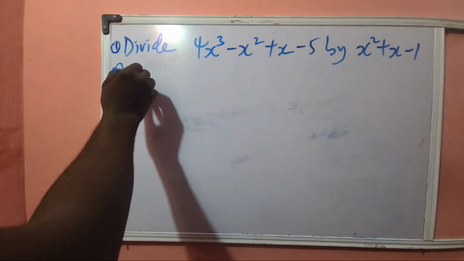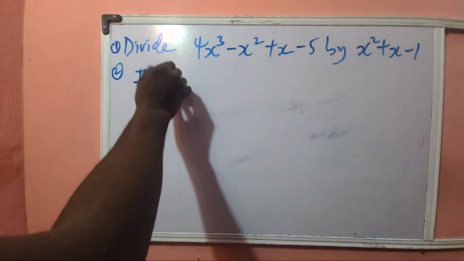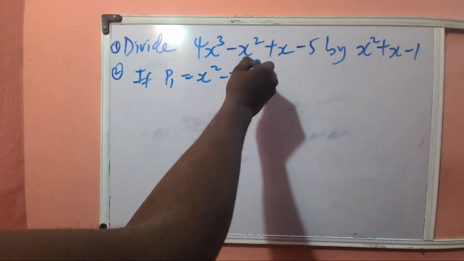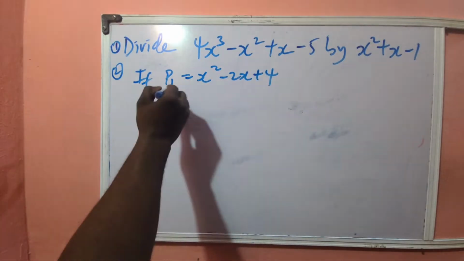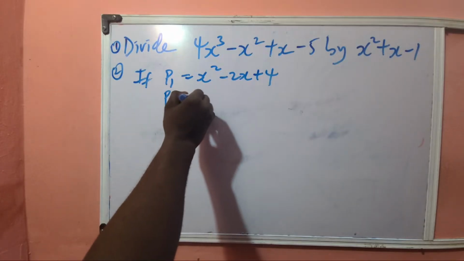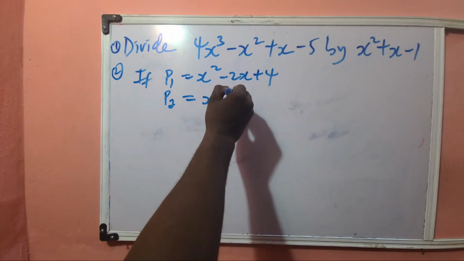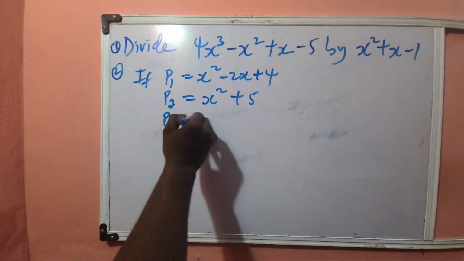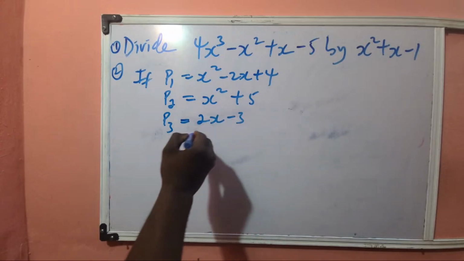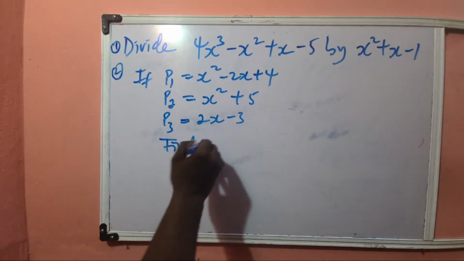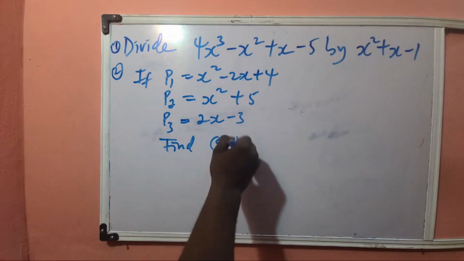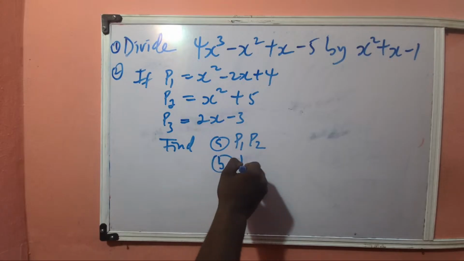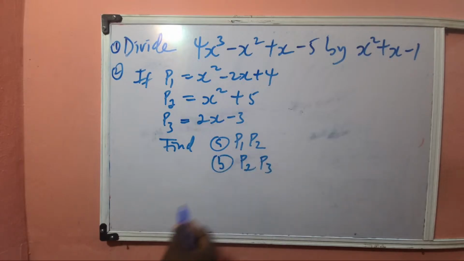So question number 2 will be: if polynomial 1 is equal to x squared minus 2x plus 4, polynomial 2 is equal to x squared plus 5, and polynomial 3 is equal to 2x minus 3. So you have to find the following. The first one you have to find P1 times P2, and the second one you're supposed to find P2 times P3.